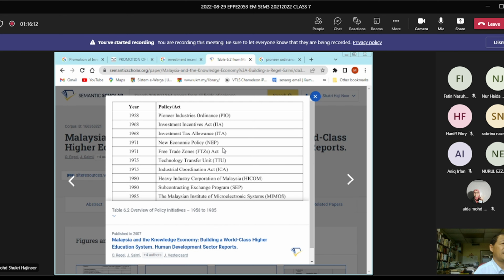So 1971, NEP, free trade zones, all this. And then 1975, Industrial Coordination Act. 1980, HICOM, and so on. So this Industrial Coordination Act, before that there was a committee.